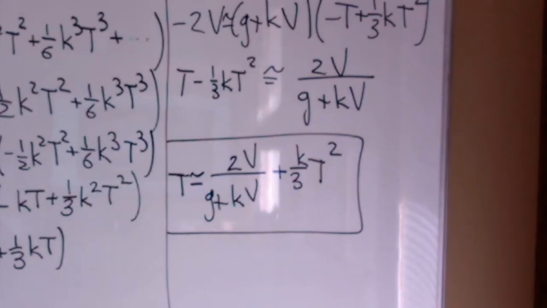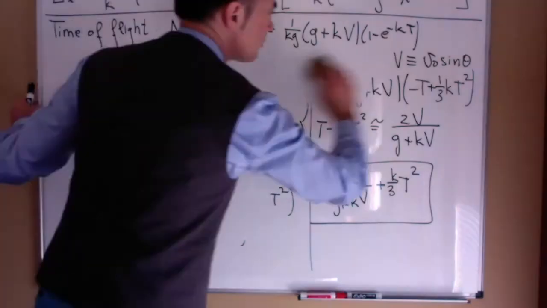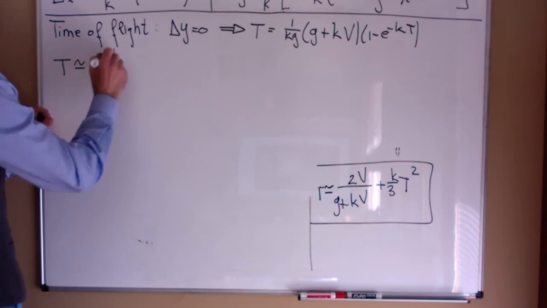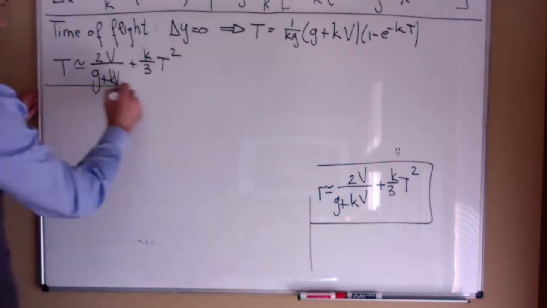But remember, we wanted to write this as a polynomial in terms of the parameter k. But because k is in the denominator, we needed to expand this fraction.